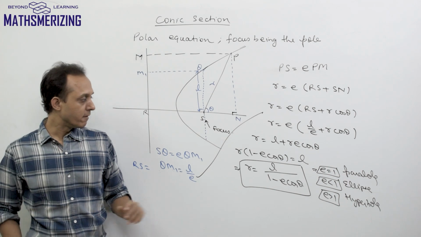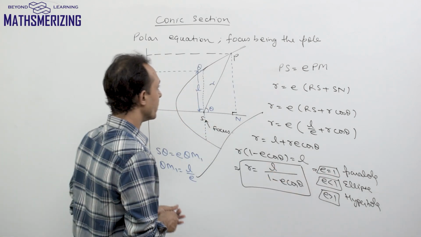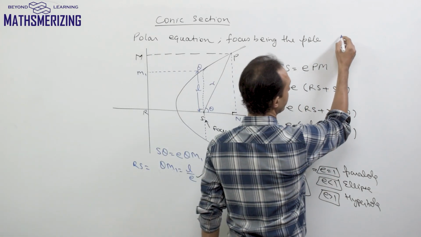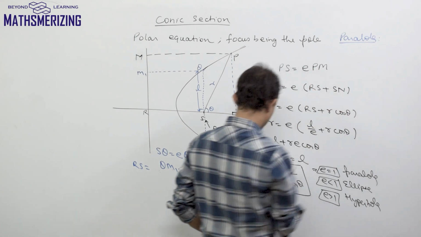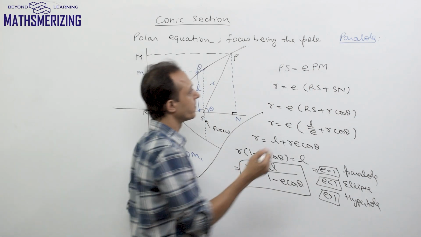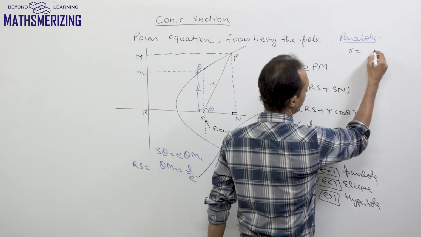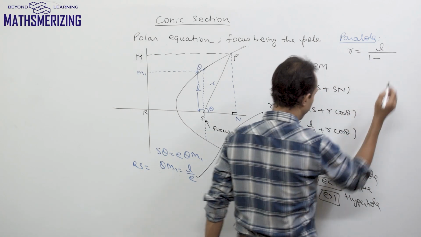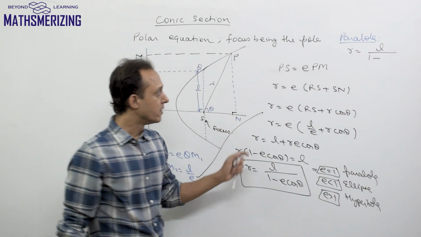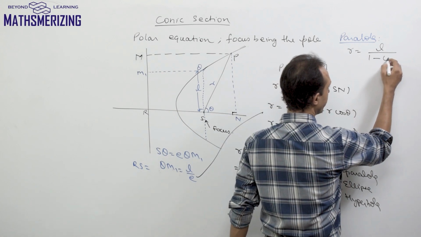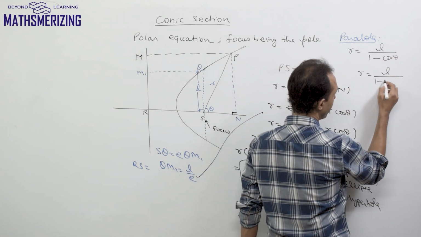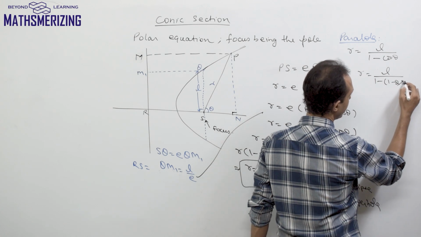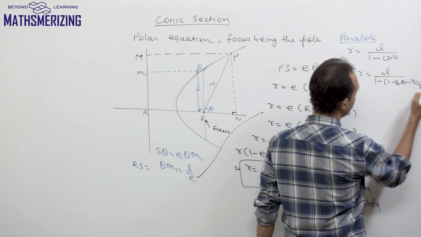Now in case of a parabola, we know that value of E is 1. So in case of a parabola, we can simply write it as R equals L upon 1 minus cos theta. So we'll use half angle formula. So it is L upon 1 minus 2 sine square theta by 2.